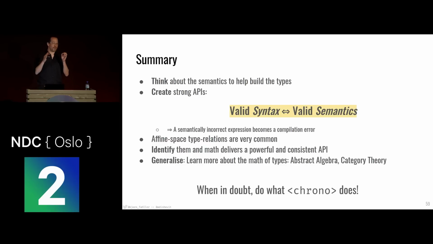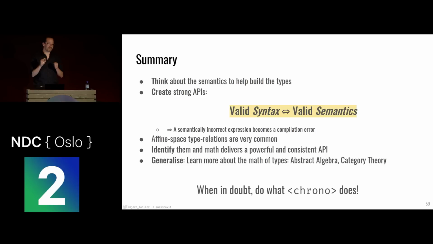Whenever something compiles, it means that we got the semantics of the behavior. Syntax is the textual representation of our code. Semantics is the expected behavior of our code. The fact that the little arrow goes from left to right and right to left means that the inversion is also correct. So a semantically incorrect expression will always be a compilation error.